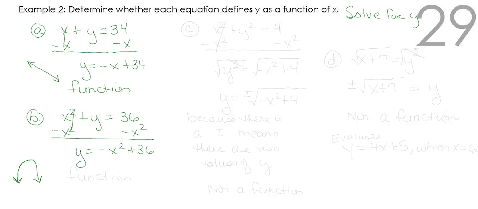Okay? Because that x squared is negative. So the question is just asking to put it in this form? To put it in this form and then determine if it's a function or not. Do you necessarily have to put it in this form? Yes, we will, because I'm going to show you that in the next example. You will have to. Okay?